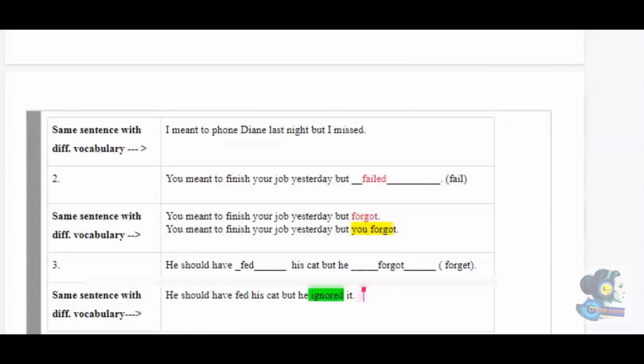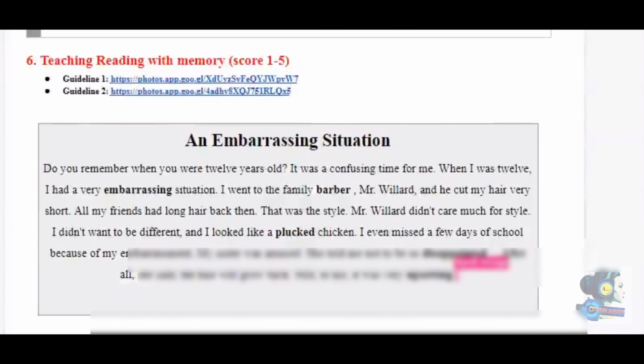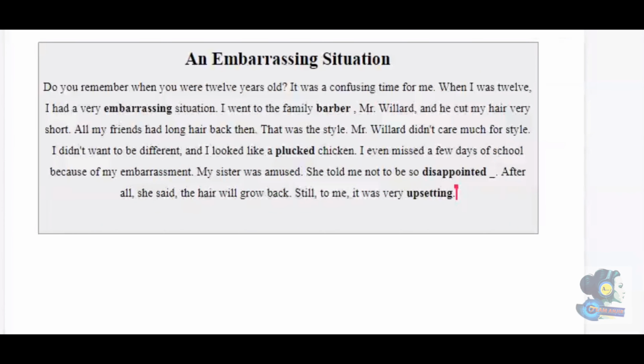Okay, let's start. An embarrassing situation. Do you remember when you were 12 years old? It was a confusing time for me. When I was 12, I had a very embarrassing situation. Can you read that, please? Okay, very good.